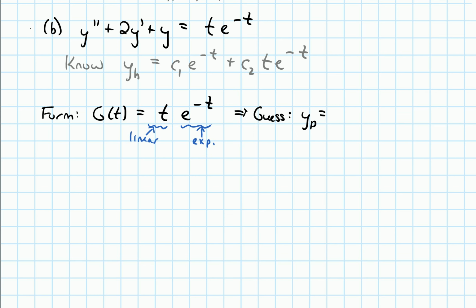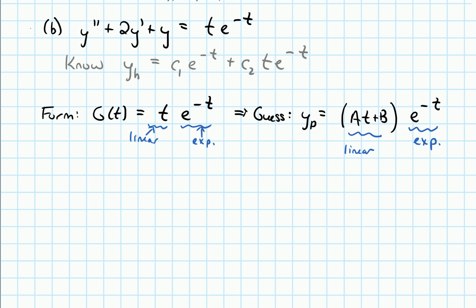So yp is going to be, I'll first put something arbitrary linear, like a t plus b, and then something exponential of the same form, e to the negative t. That's how we'll handle scenarios where the function on the right-hand side is a product of two types of functions that we know how to handle, in this case a linear one and an exponential one.